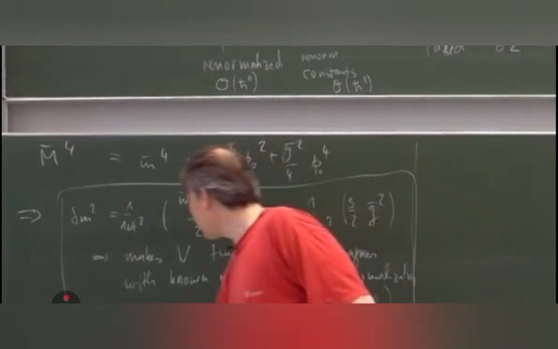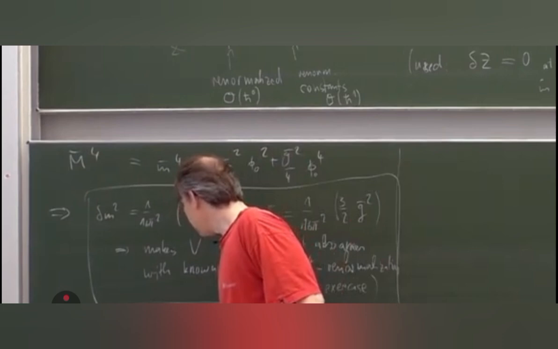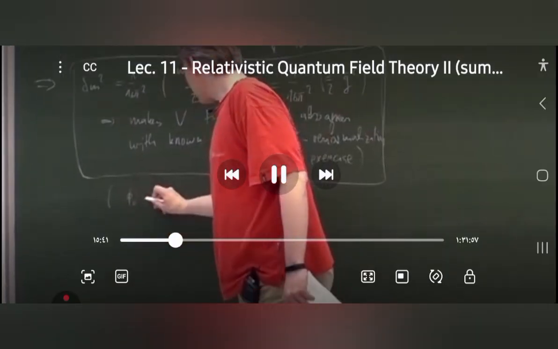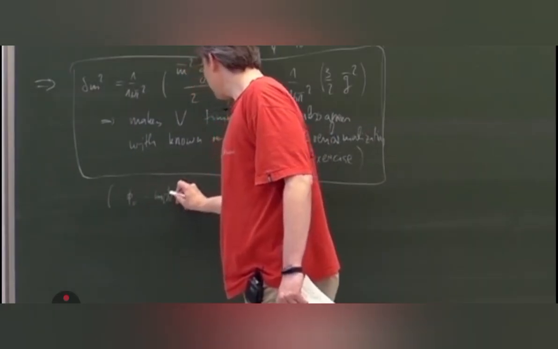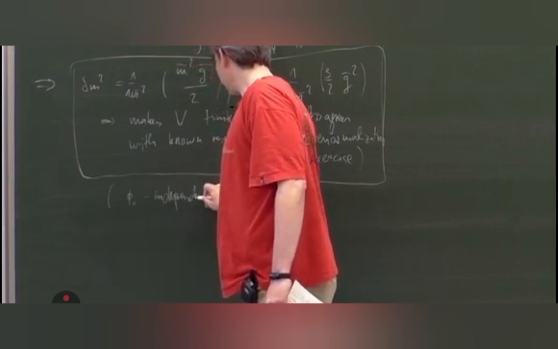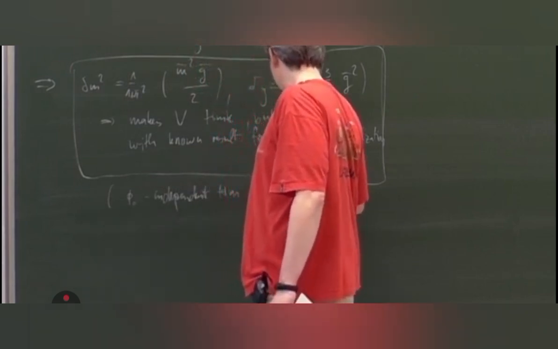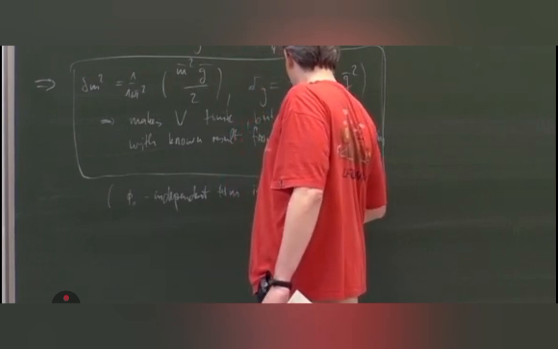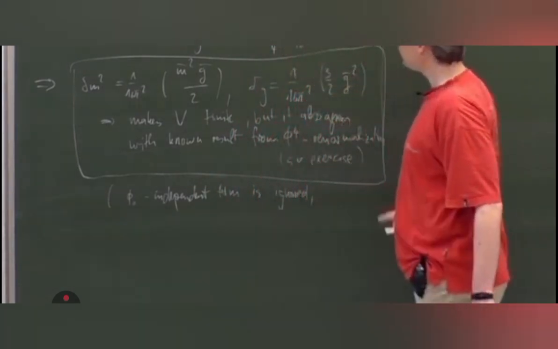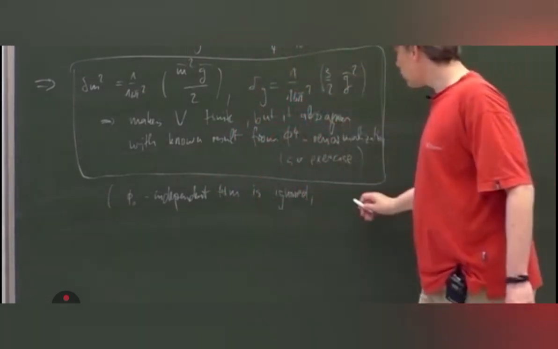One remark: there is a term which is independent of phi 0 that is ignored here. It could be made finite by adding a cosmological constant to the theory.